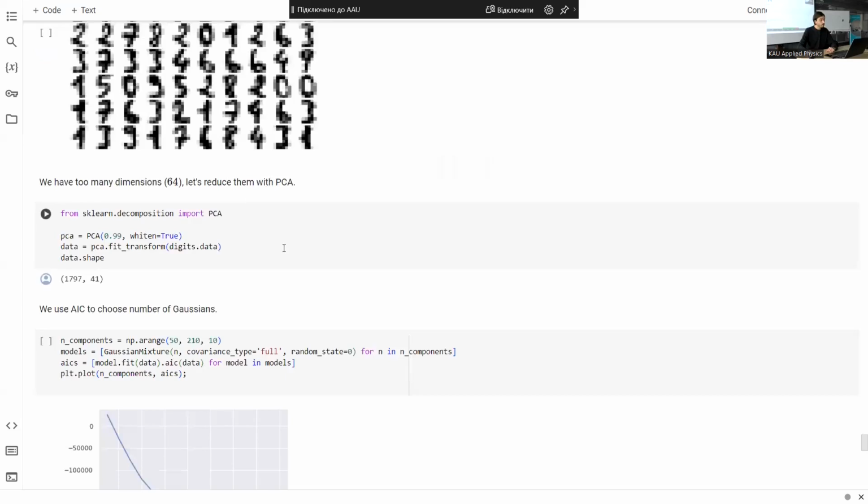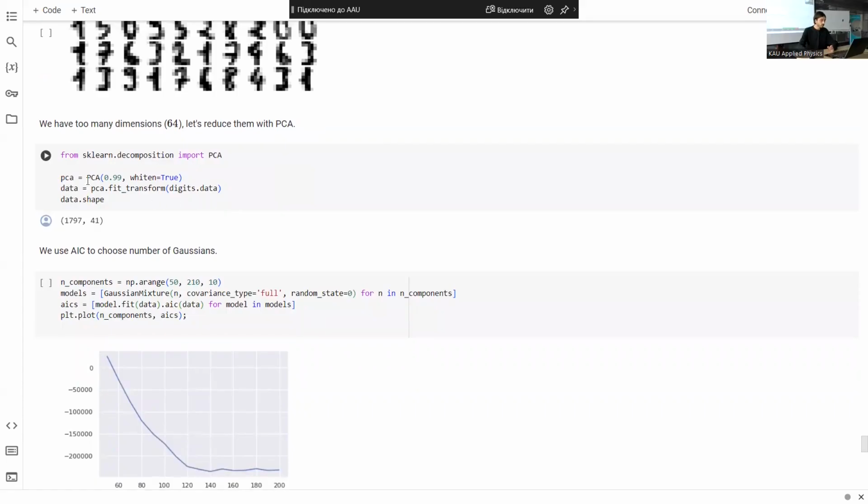First of all, there are too many dimensions. You recall that in MNIST we have small pictures, each I guess 8 by 8. So if I consider each of these pictures as a point in some multi-dimensional space, I expect that space to have 64 dimensions. That's quite many.